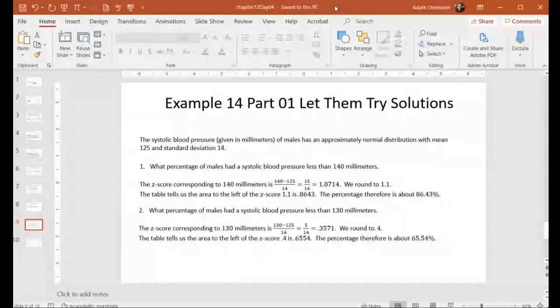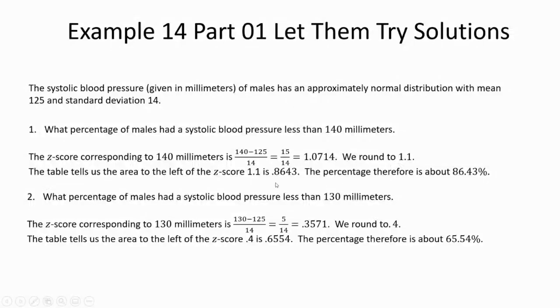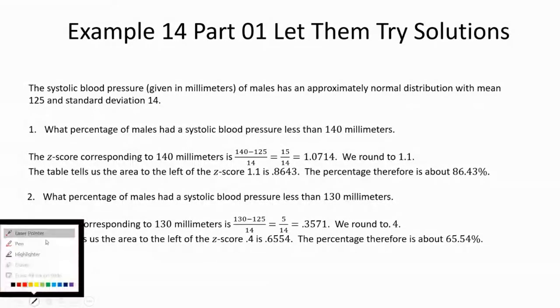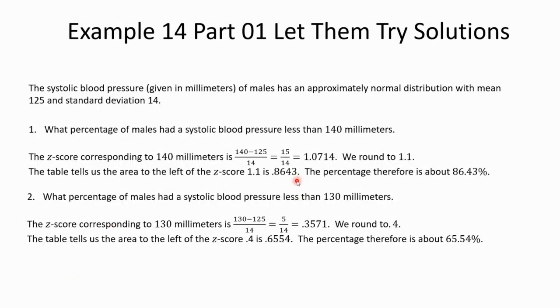Okay, so let me get back to the notes. So that was the area to the left. And so that tells us the percentage of data values less than that z-score, which is what we're looking for.